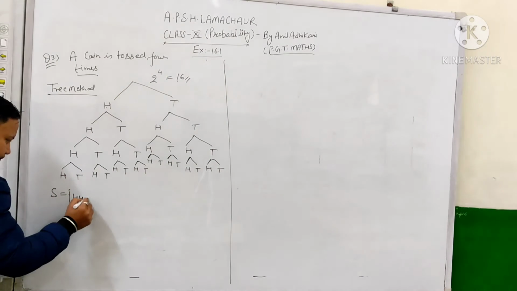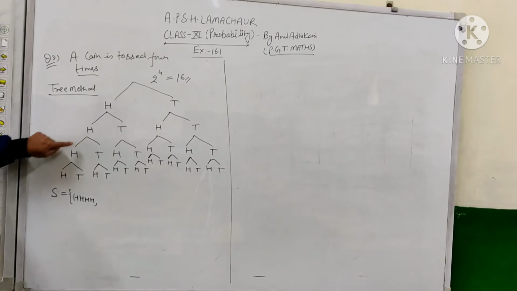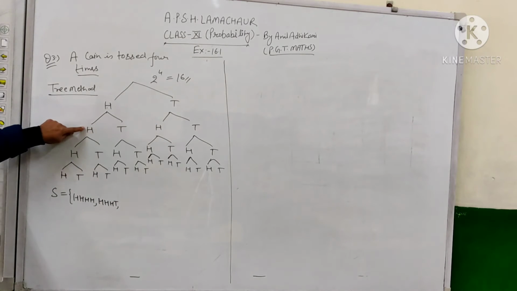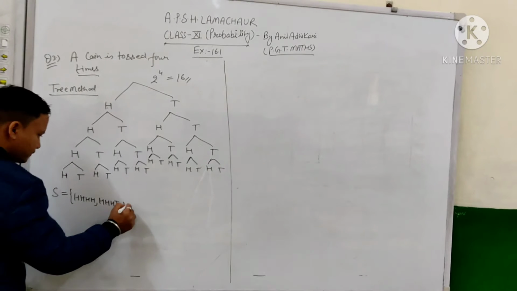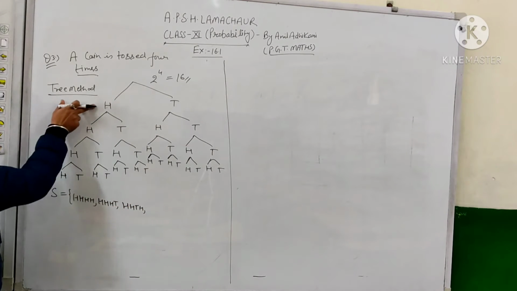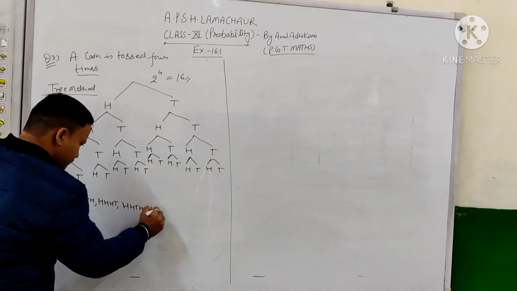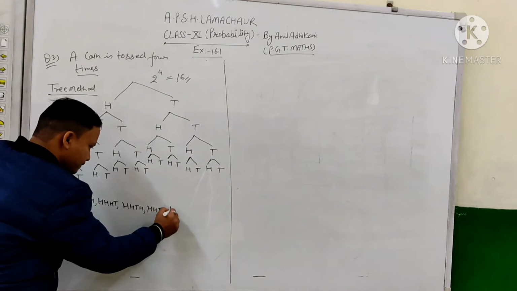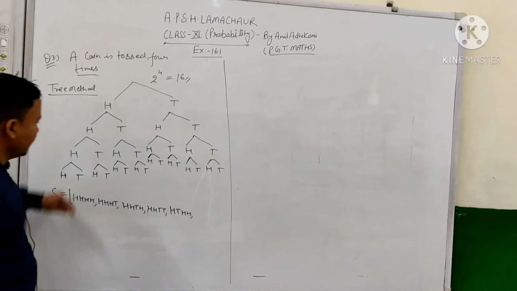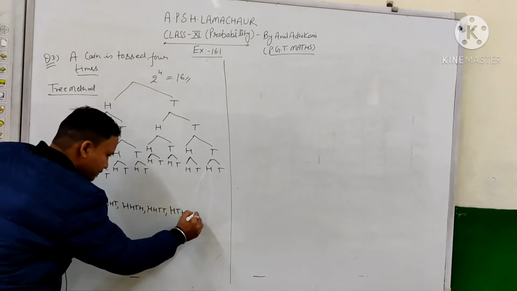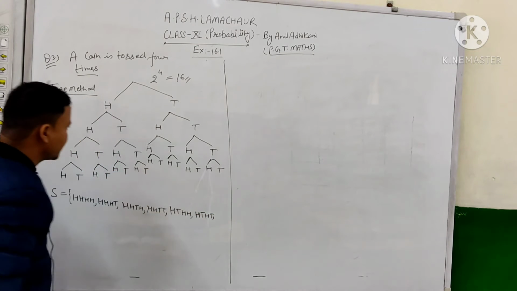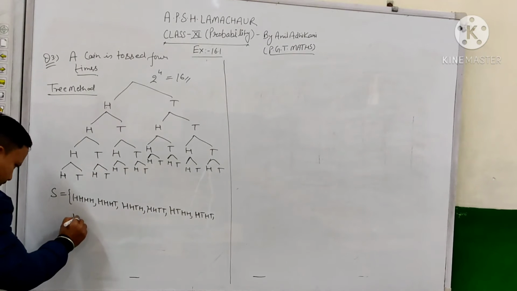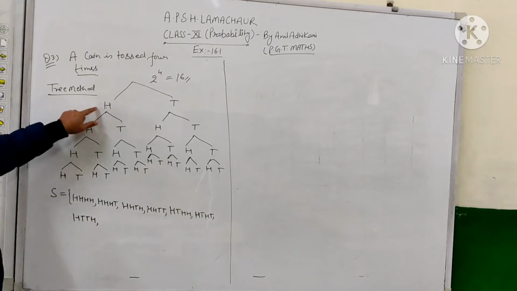This is the first outcome. Now HHHT. Next HHTH. Next HHTT. And in similar manner HTHH. Next HTHT. Next HTTH. Next HTTT.